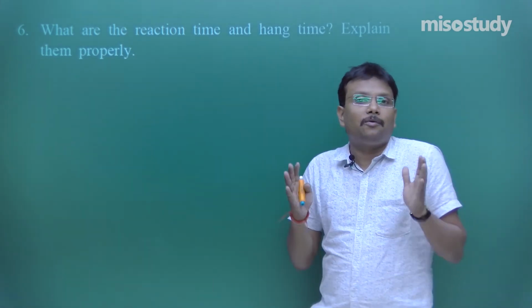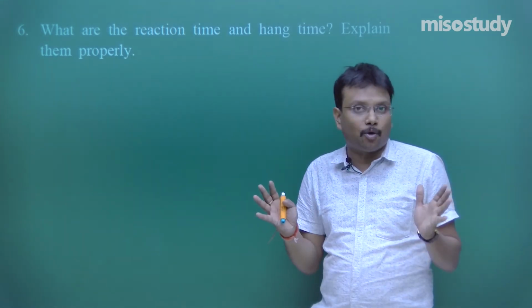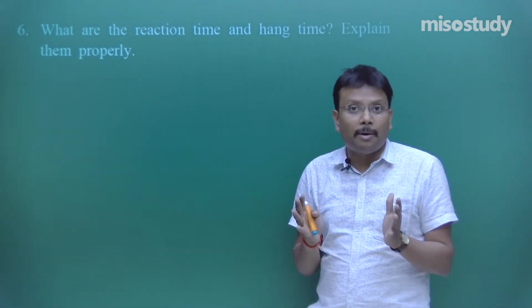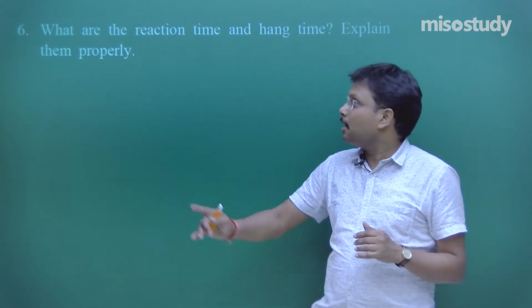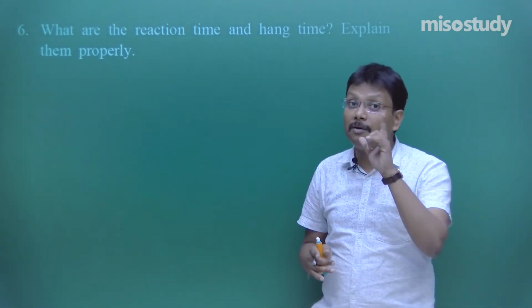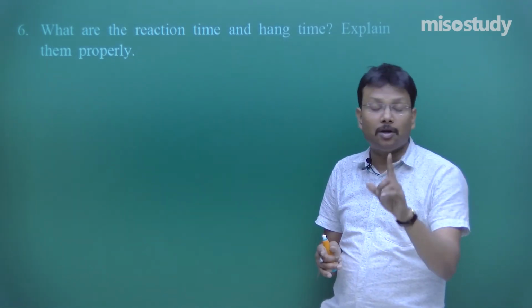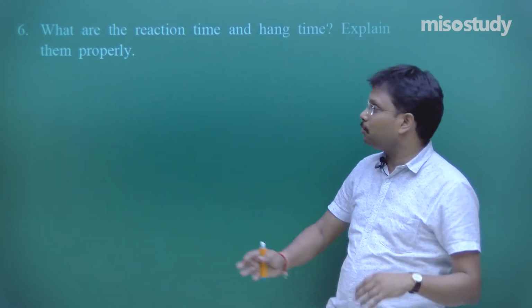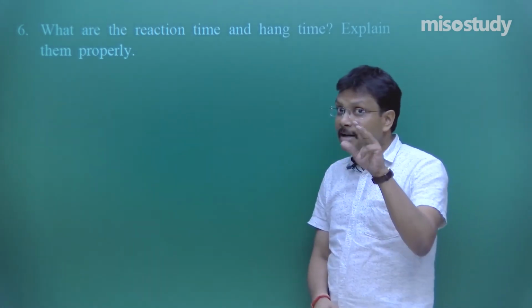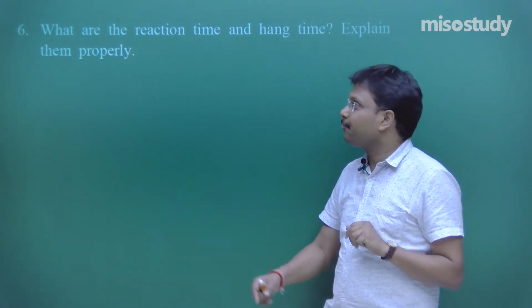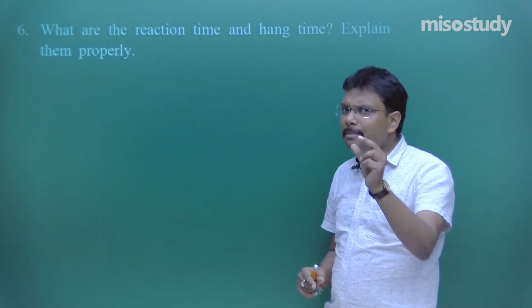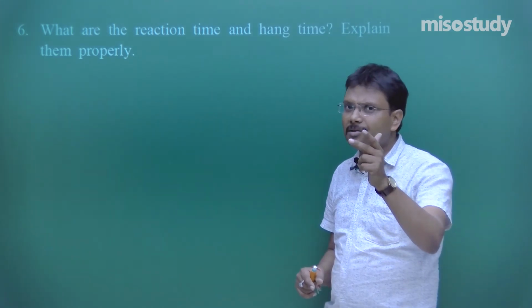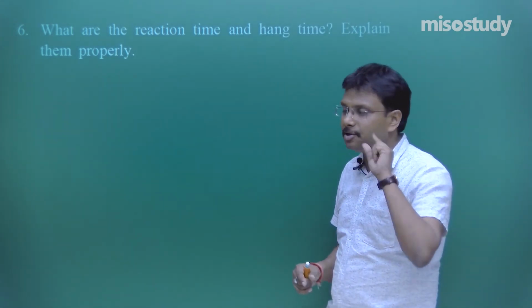And if you are not very comfortable with your textbooks, if you are not devoting a good amount of time to them, not only in school exams but even in competitive exams, you will not be able to perform well. So make it a habit also. Now let's start. This is again 3 marks. Question number 6. So ultimately 2 to 3 lines, 1.5 line for each situation.